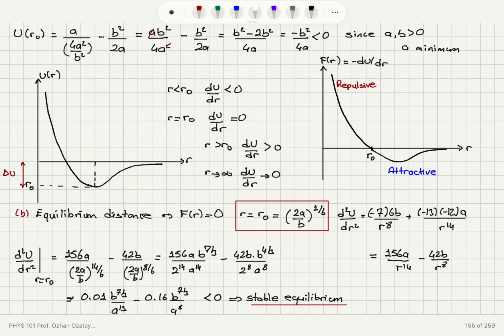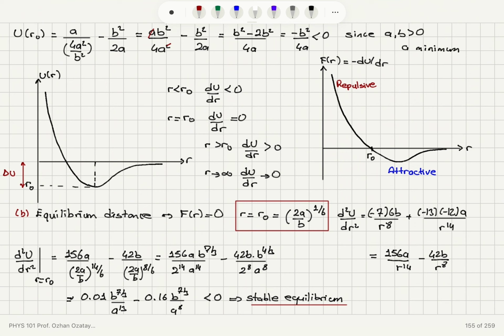So this gives us the plot that we can see here, and by analyzing the behavior of the derivative dU/dR and multiplying it by -1, I find the force. Force is minus dU/dR. The derivative is negative here, which means the force is positive. We have a repulsive force for R less than R0.